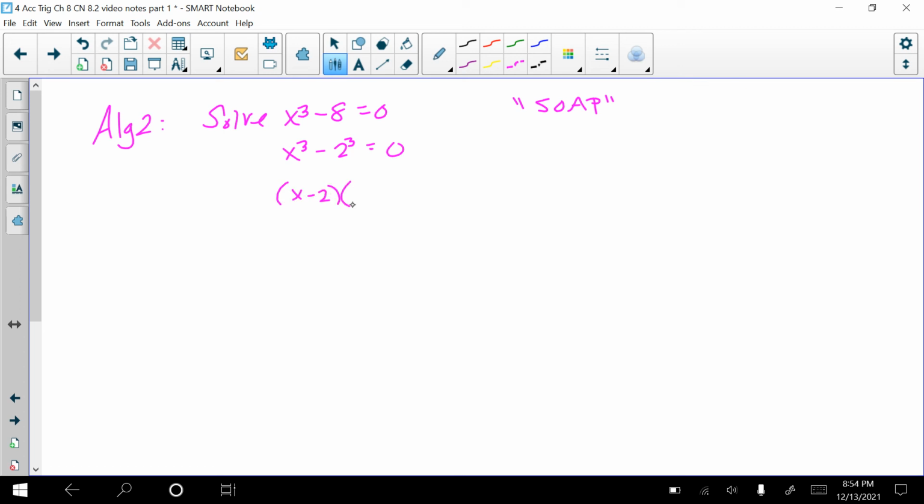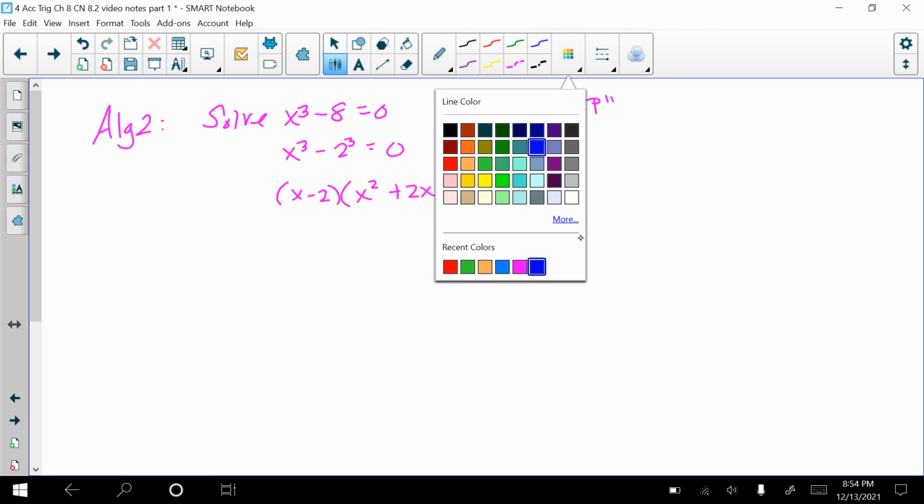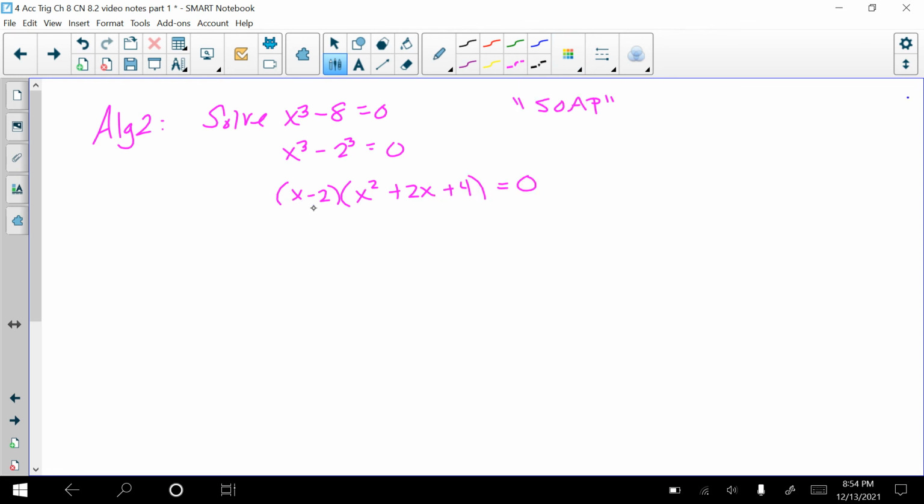My second factor is a quadratic, x squared plus 2x plus 4 set equal to 0. Where SOAP comes in, that helps me check my operations. S is for same sign, O is for opposite sign, AP is always positive. So same sign means the same operation as the original problem, which is minus. Opposite sign would have to be addition, and always positive, of course, is plus.